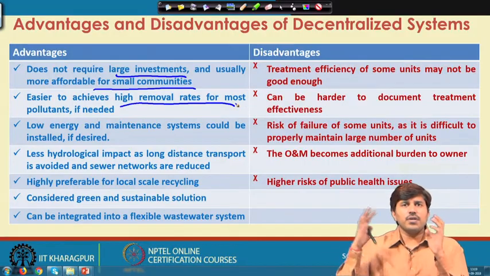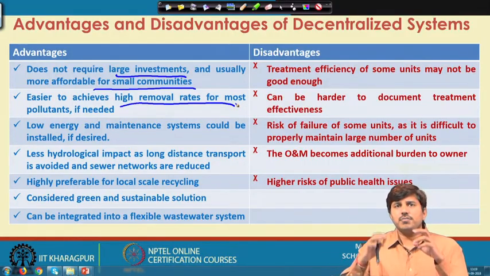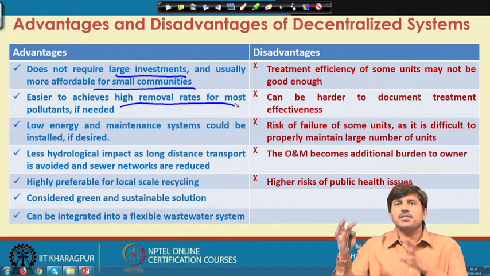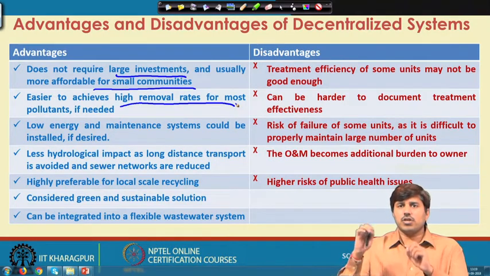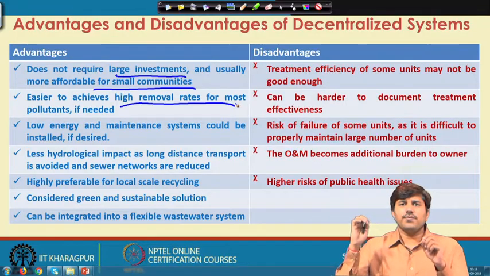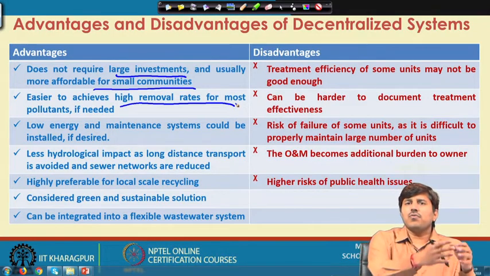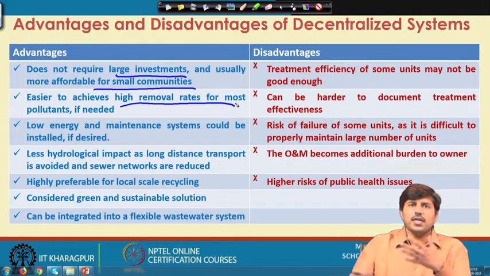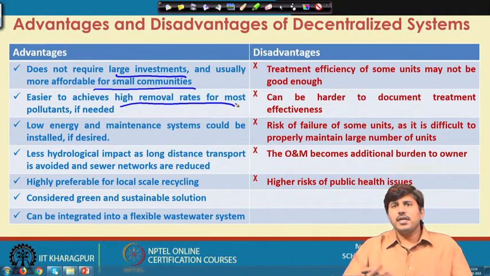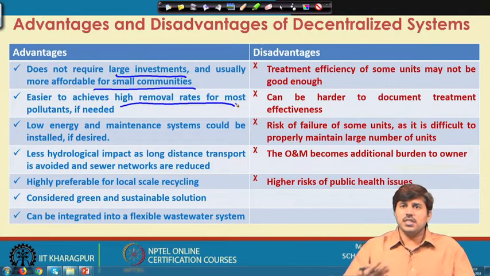But going for that high-end or advanced treatment for a centralized solution is going to be immensely costly. If you plan to use RO for a 1 MLD plant versus a 1000 MLD plant, you can see the kind of initial infrastructure investment and operation and maintenance cost that would be needed.